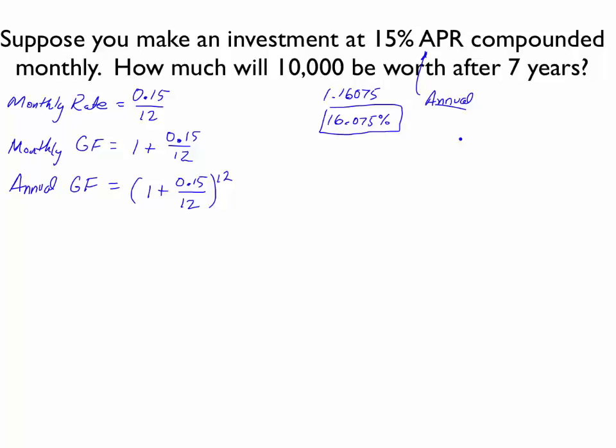Okay, but this question says, how much will 10,000 be worth after 7 years? If I want to know what it's going to be worth after 7 years, then I want to get another growth factor.